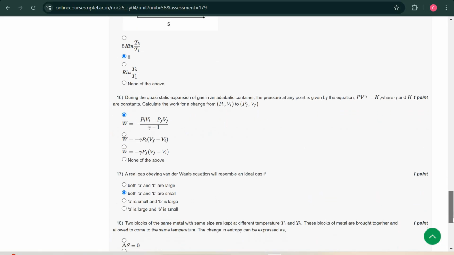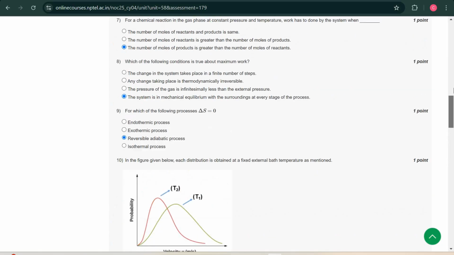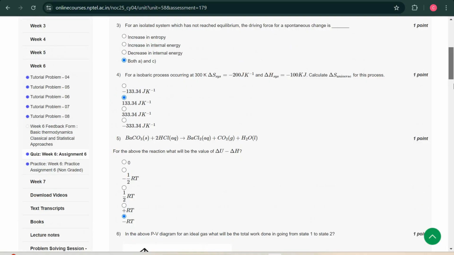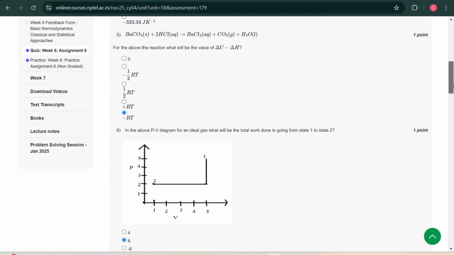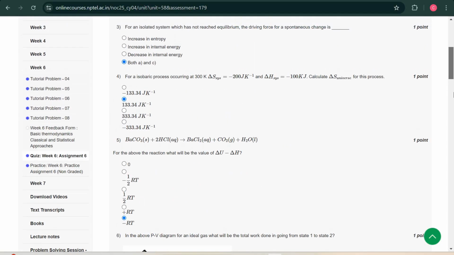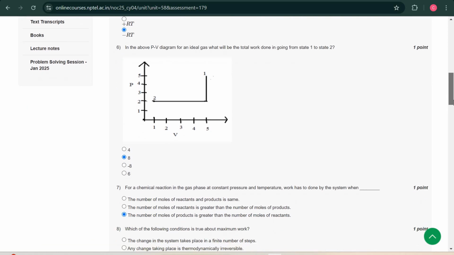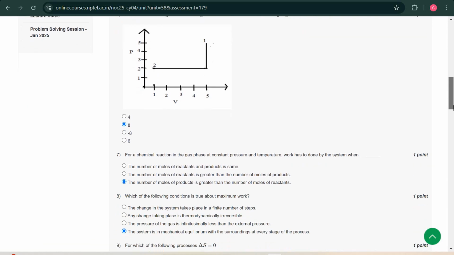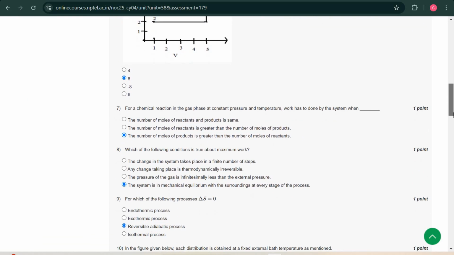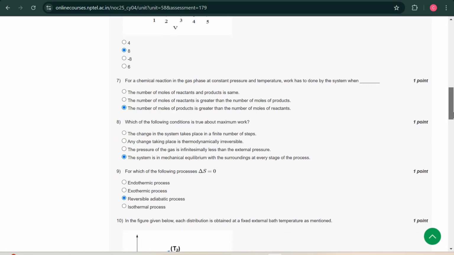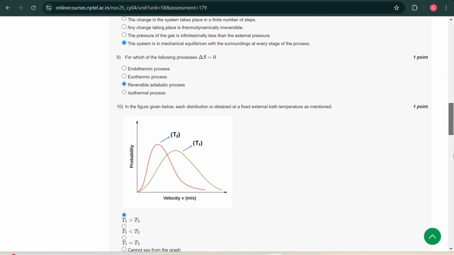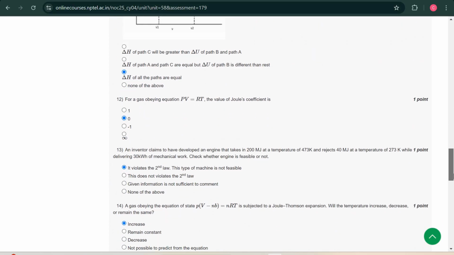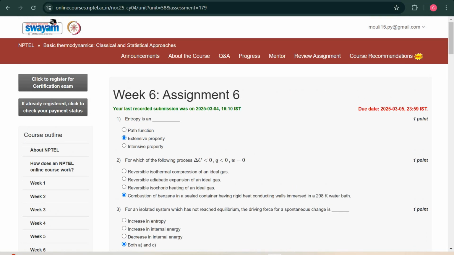Okay, 4 and 6, I'll discuss some of the problems related to that. Then 7 and 8 are just theoretical problems, I'll talk about them. 11 as well, and 13 we can also discuss. Okay, yes, sir.